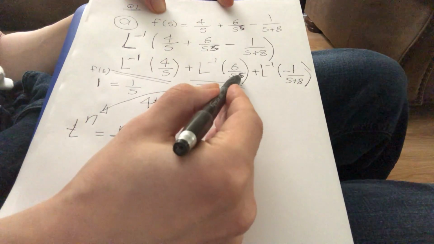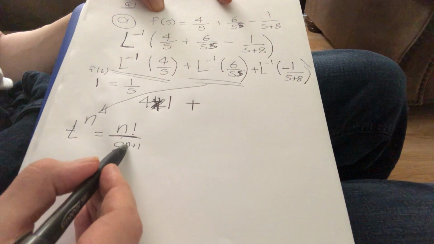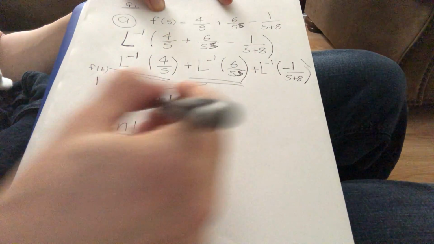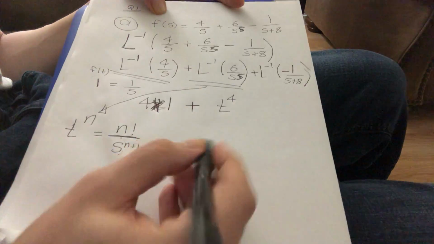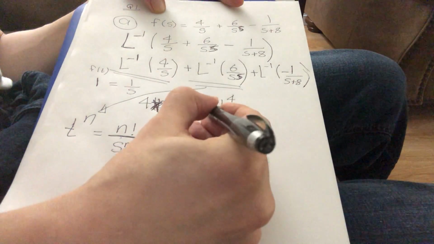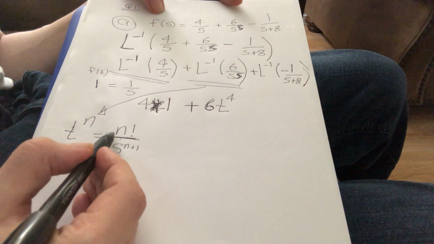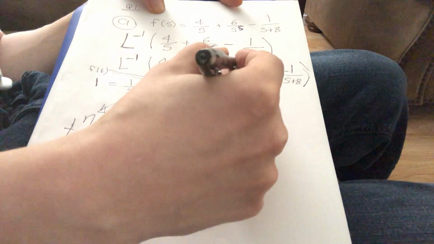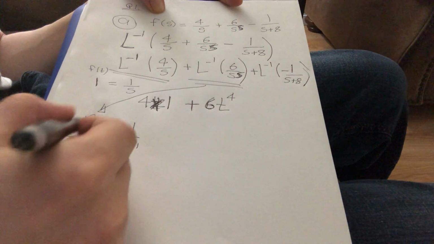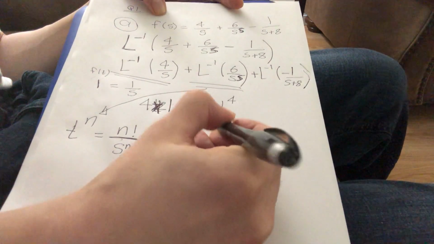So when s in the bottom is to the power 5, that means that n was 4. So now I know it's t to the 4. There is a constant 6. But according to the rule, you need to have the same n factorial on top. We don't have n factorial on top, and when we reverse, then you divide by n factorial.